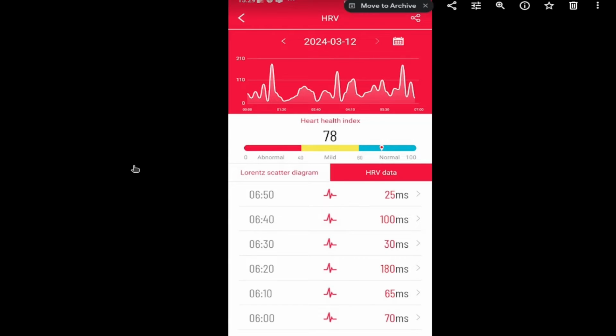And you have also a scatter diagram which could be also analyzed to tell if you have a potential to have any of the risk in a specific place of your heart, or something else, whether it's minor, major, etc.